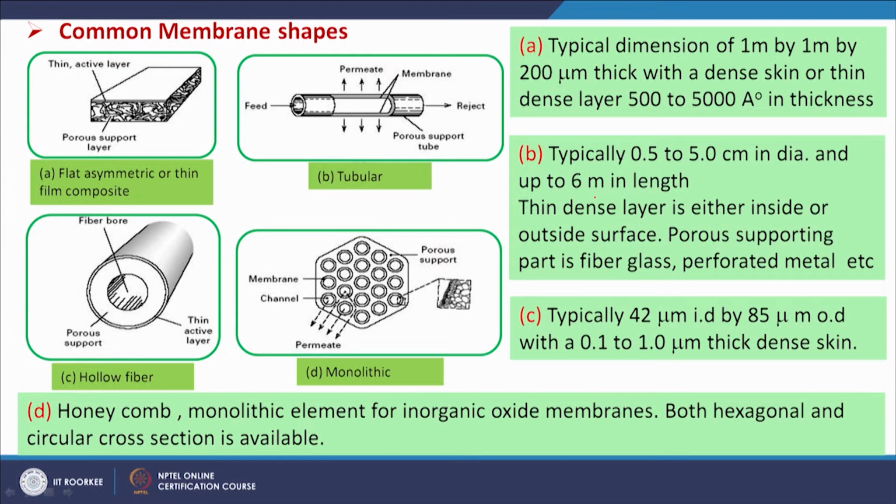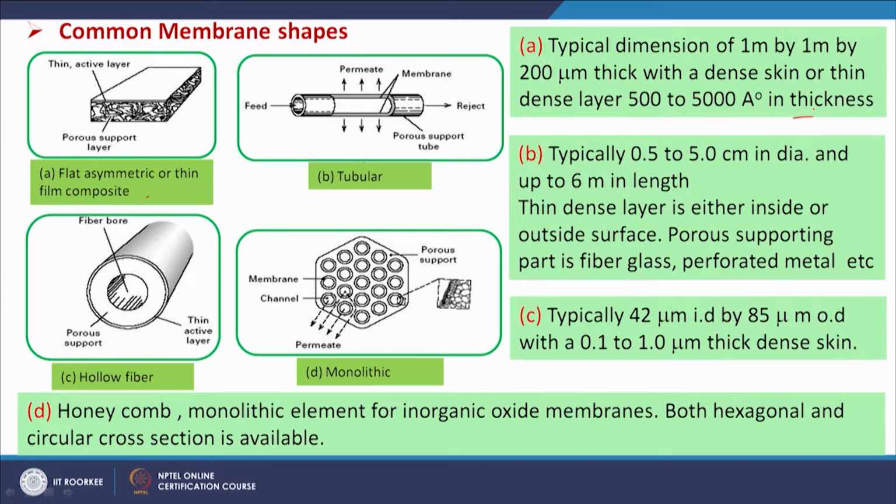Now, we will see the common membrane shapes. So, we have seen there are 4 important membrane shapes, that is flat, asymmetric or thin film composite. Here we see the thin active layer and this is the porous support. So, we have a porous support and the active layer is our main membrane material, with a typical dimension of 1 meter by 1 meter by 200 micrometer thick, with a dense skin or dense layer 500 to 5000 Angstrom in thickness.